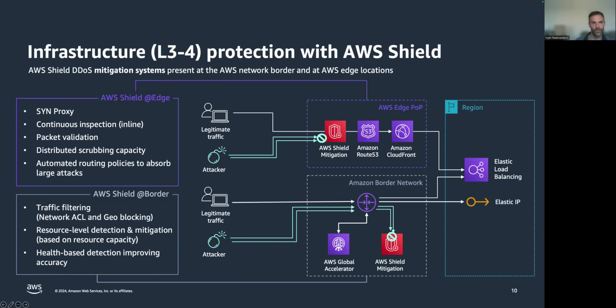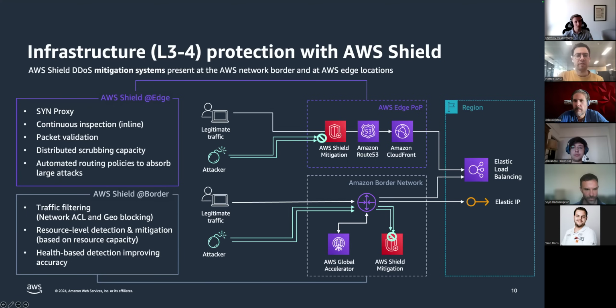The mitigation happens at the border network by routing incoming traffic to Shield mitigation infrastructure and forward only clean traffic to the region. Detection and mitigation is also applied at resource level, meaning Shield will take the capacity of your underlying infrastructure into consideration when mitigating these attacks.